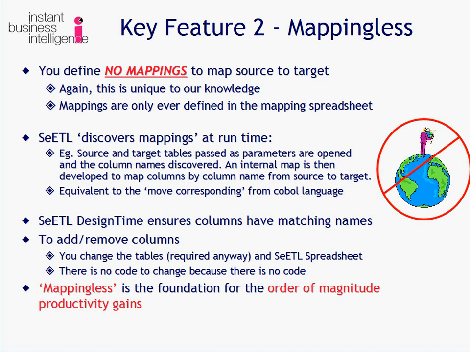So mappingless is the foundation of the order of magnitude productivity gains. Now you may say, well, hang on a minute, in the SQL generation version, the mapping, the code, and the data structures are again collapsed. And that would be true. In the SQL generation version, the SQL language, which is generated, embeds both the data structure and the processing, which is why you end up with many fragments of SQL, and those fragments of SQL must be managed.